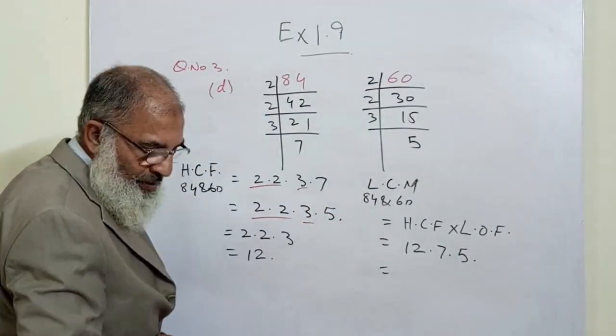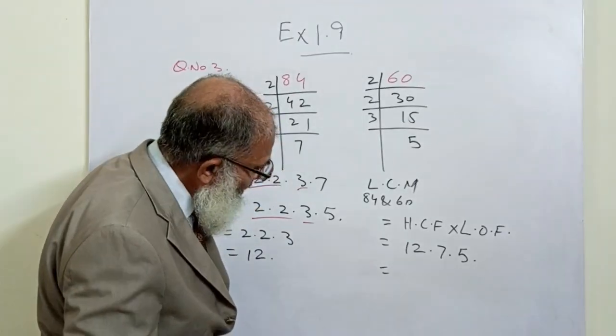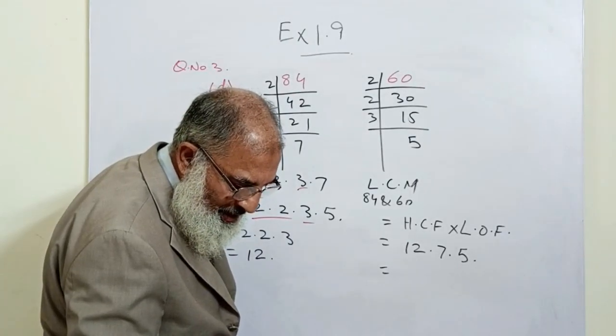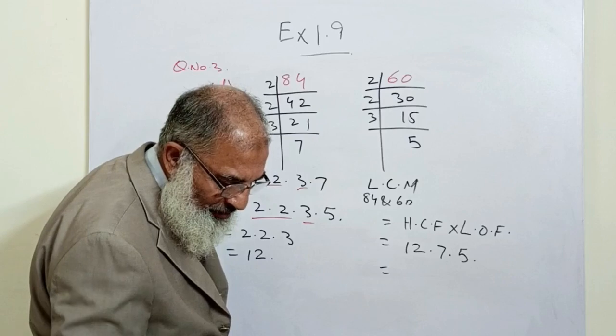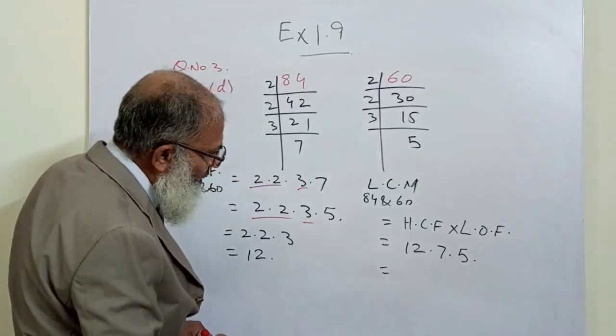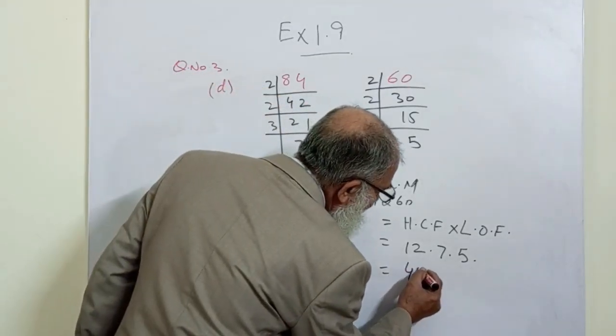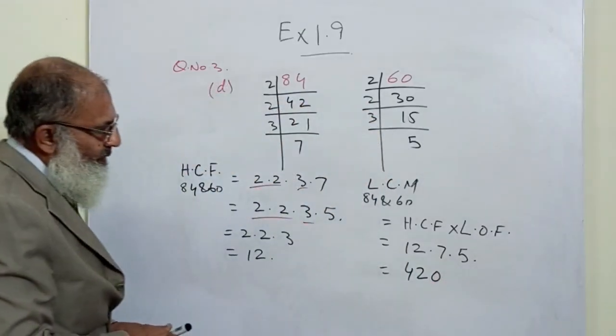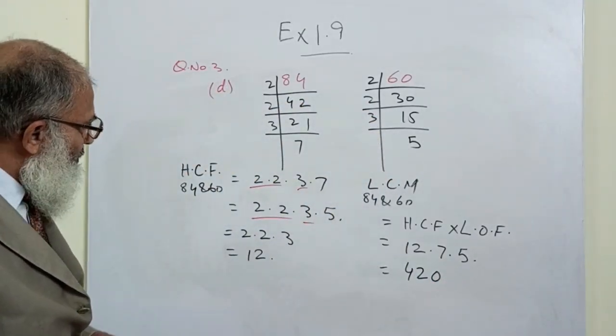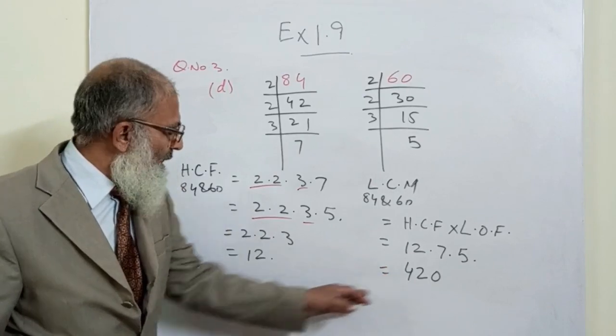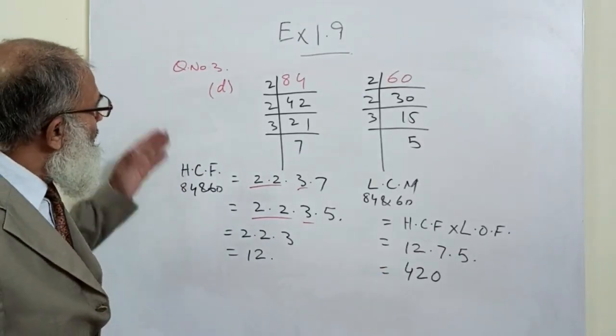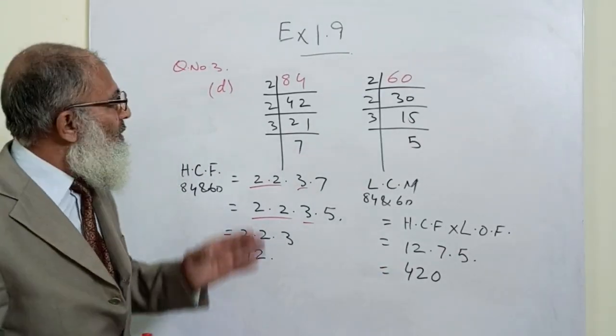So 12 multiplied by 7 multiplied by 5 is equal to 420. Very nice number. It becomes 420. So this is the LCM and this is the HCF. So we conclude this exercise.